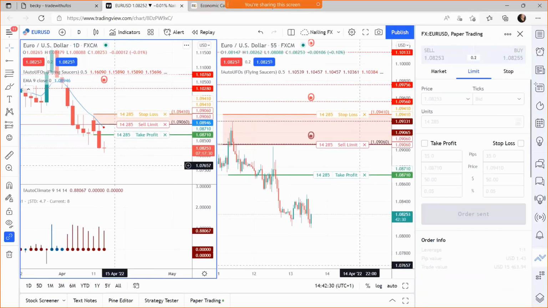So essentially, if by the time price gets up here we no longer have a thick red dot, cancel the trade. If by the time price gets up here the EMA is there or here and it's not quite lining up, then we cancel the trade.